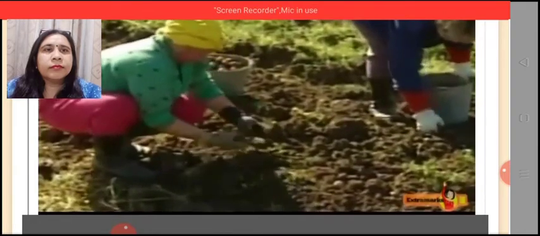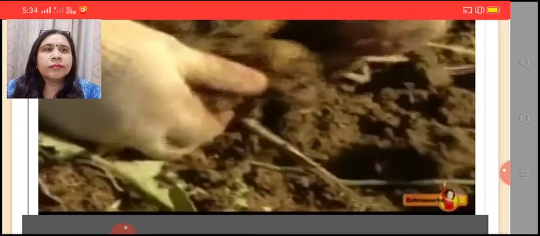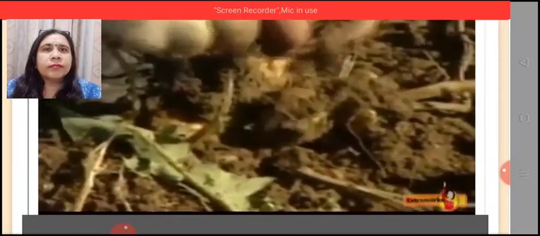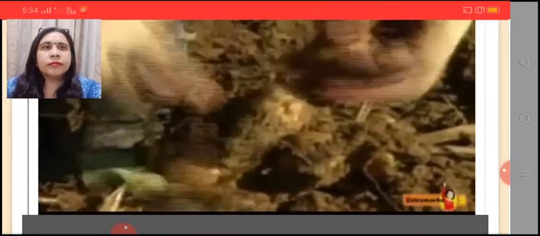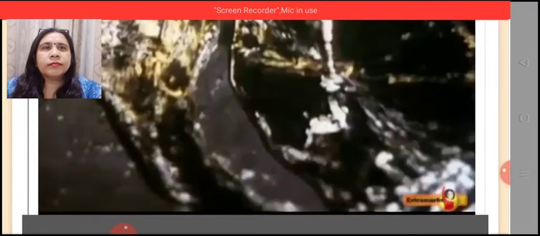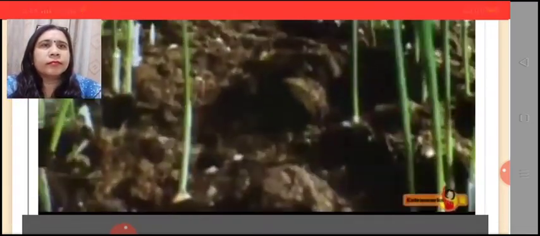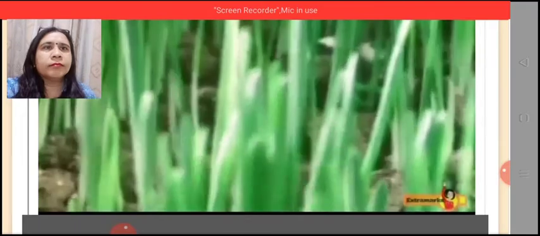Extractive industries are concerned with physical extraction or drawing out of products from natural resources. These industries supply the basic raw materials which are mostly the result of geographical or natural environment.